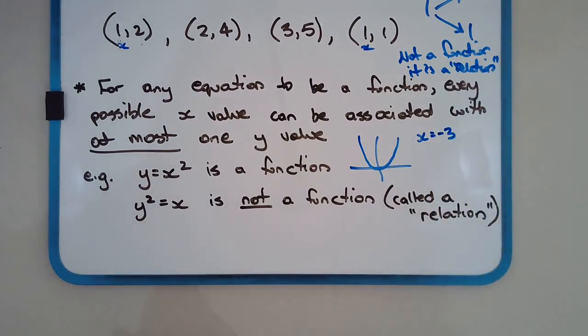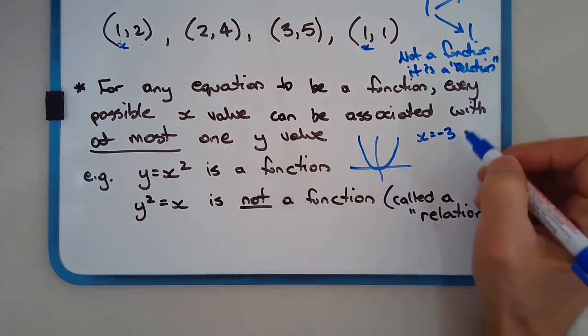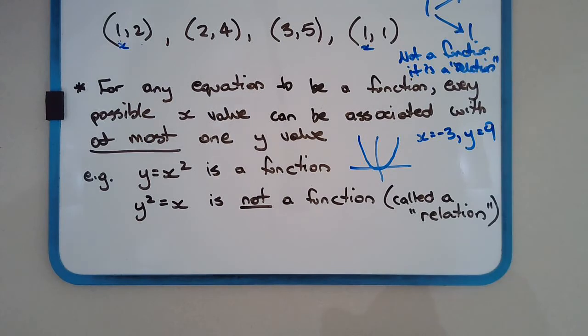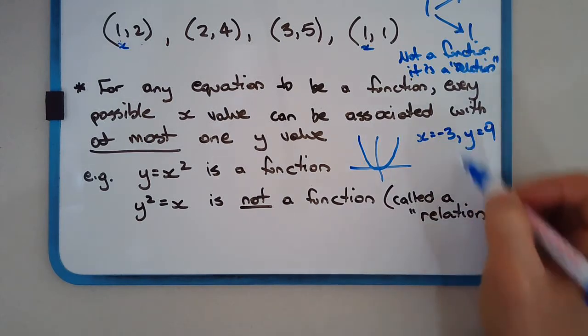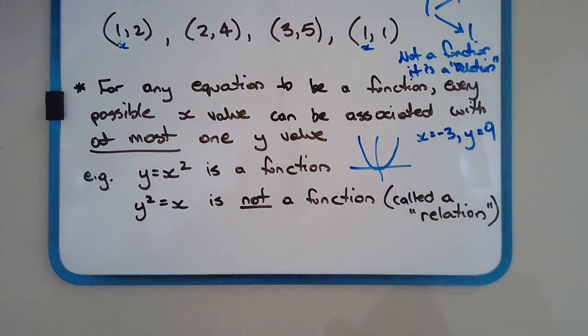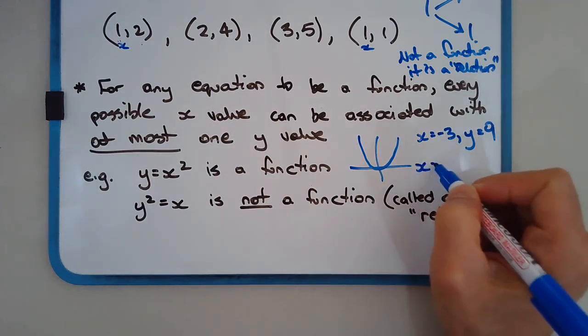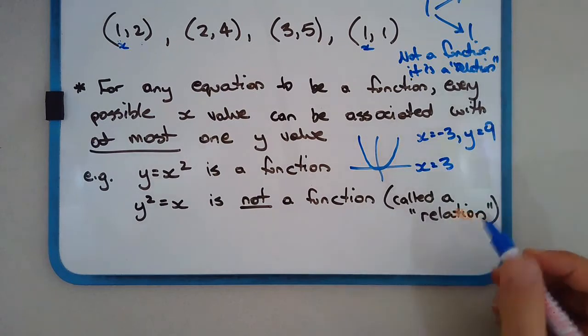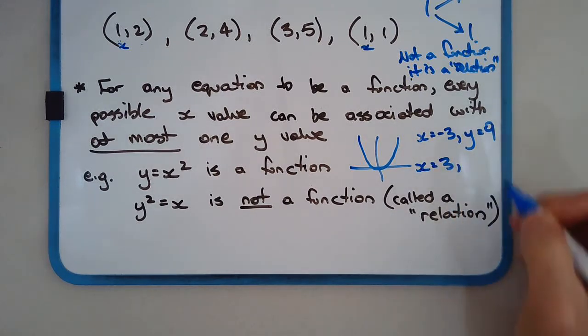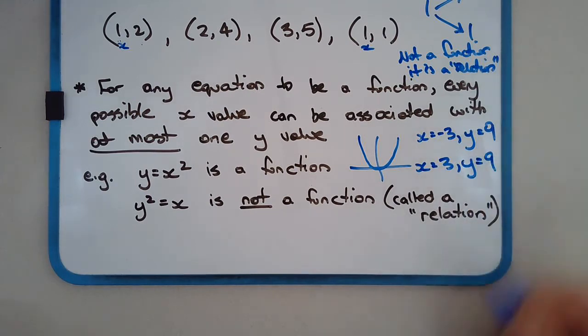How many y values result from that? If you square -3, the y value is 9. It's not like there's two possible y values for this one x value. However, there is another x value that would also give you a y value of 9. If x equals +3, you square that, you get 9 as well.